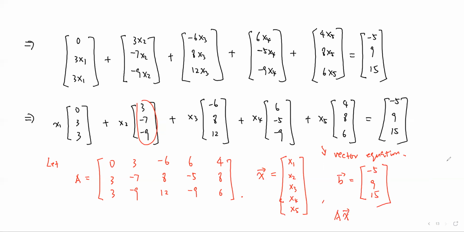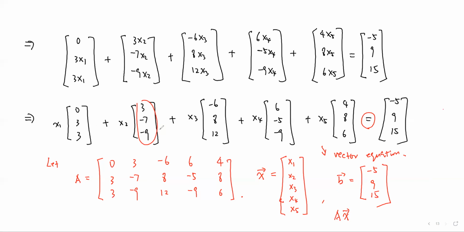A linear combination of the columns of the matrix: first column of matrix A, second column of matrix A. The left side is a linear combination of the columns of matrix A, and the scalars are the entries of this vector.